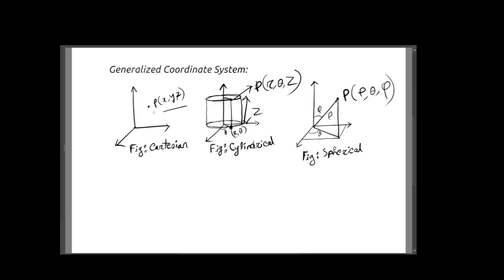But to be specific about generalized coordinate system, we can say that after analyzing a phenomenon in a generalized coordinate system, it is possible to transform that phenomenon into any other coordinate system.